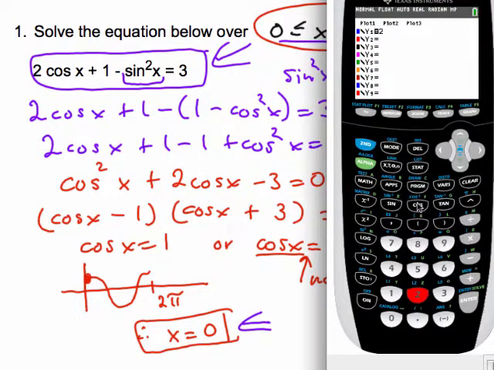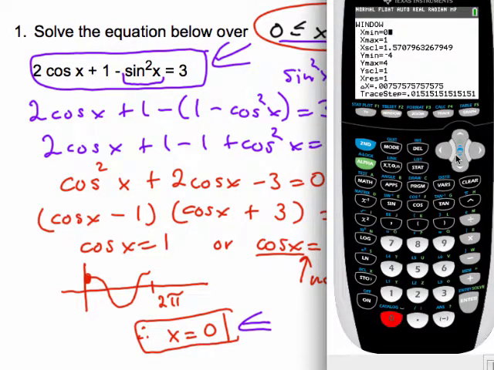Just in terms of graphs, remember, if it's an identity, both sides will produce equivalent graphs. This time it won't, so if I type in the left side and then my right side, and I'm going to set my domain from 0 to 2 pi. Actually, I'm going to move this back a little bit because we know one of the answers is 0.